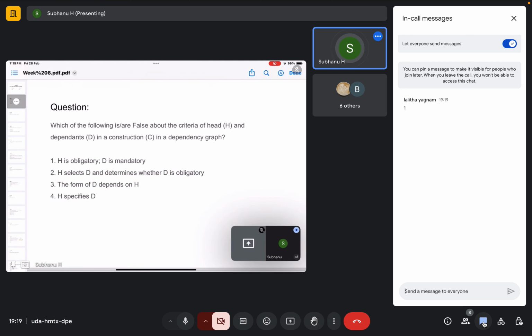So I think you know what a phrase structure representation is. From the phrase structure, we create the dependency structure representation. There are some criteria for heads and dependents, so we'll see that.